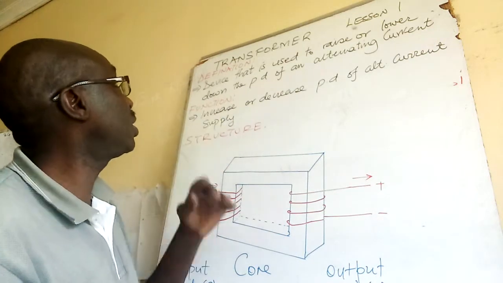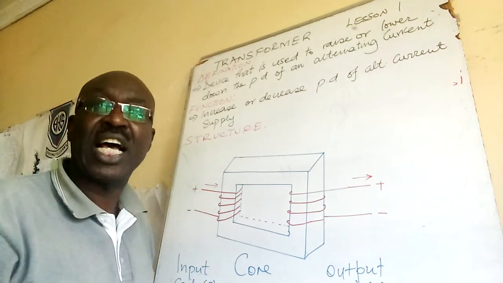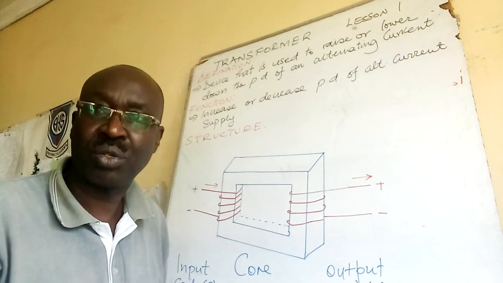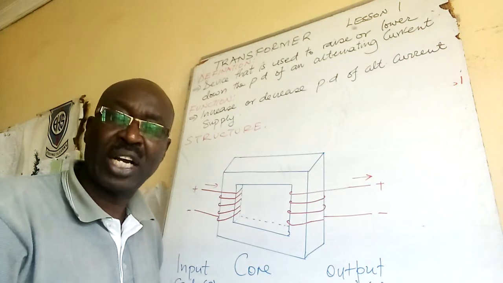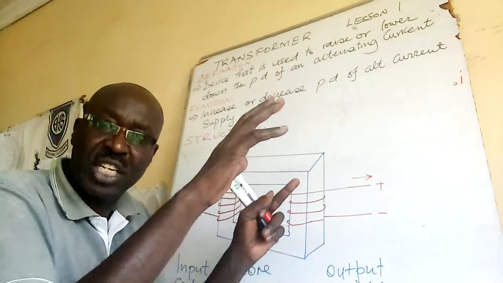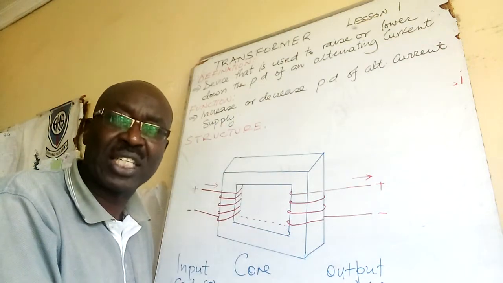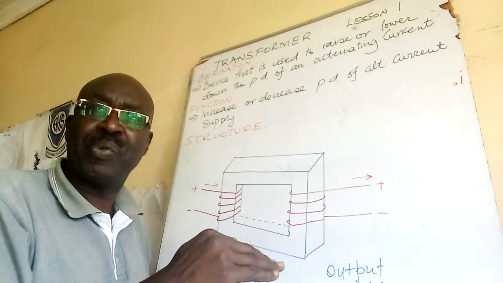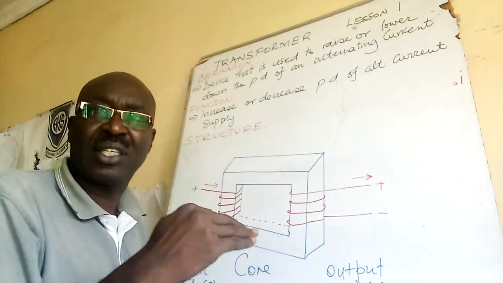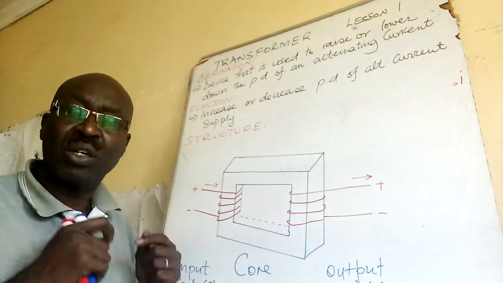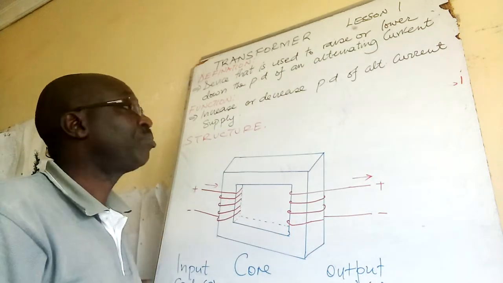So what I'm doing today is an application of electromagnetic induction. Okay? Electromagnetic induction. We've seen its basics. I've developed it from the simple understanding and kept adding the knowledge until this level. So we wanted to make use of that.